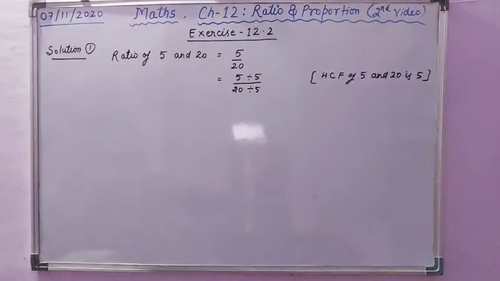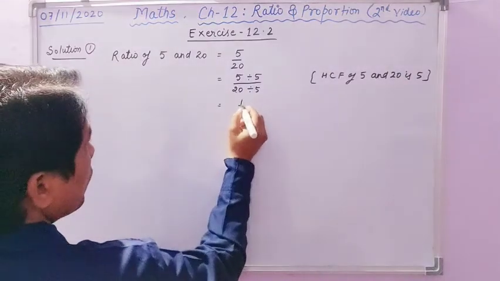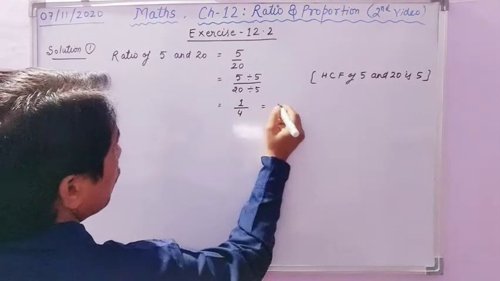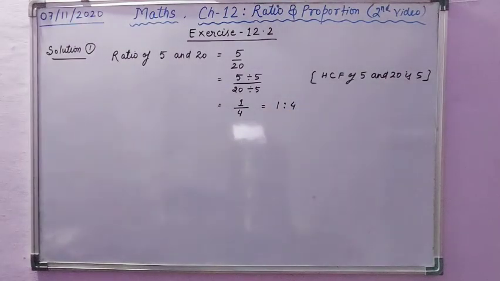So I have divided both the numerator and denominator by 5, which will give you 1 and 4. So the ratio will be 1:4.